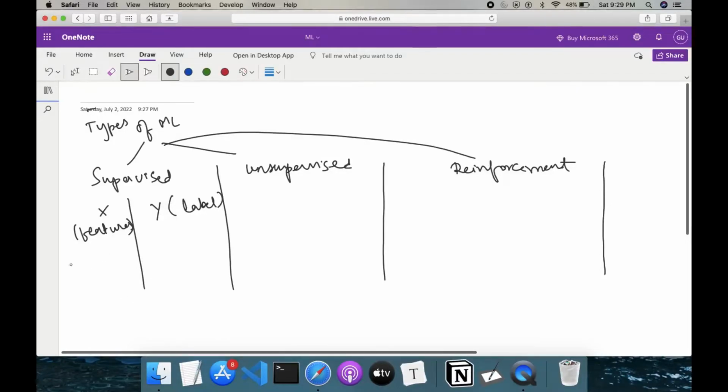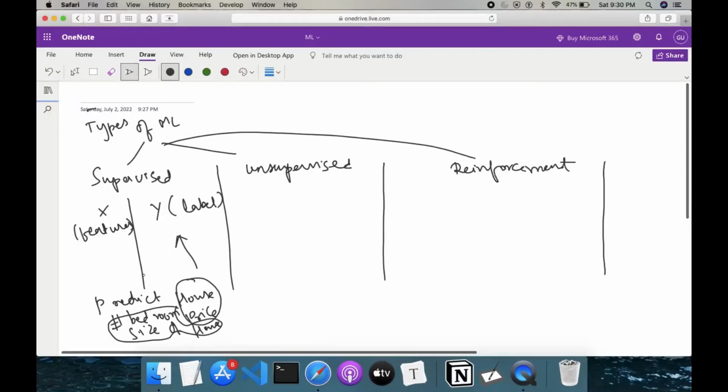For example, if you are trying to predict house price, then the number of bedrooms you have and the size of the house, all this will be your features, and house price will be your target or label.